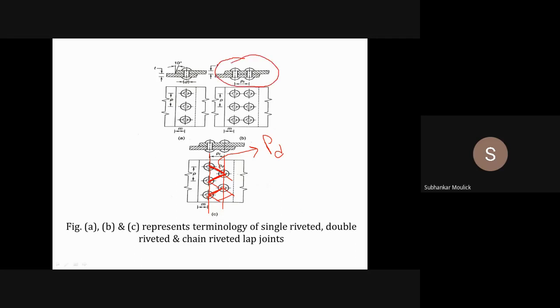This is my double riveted lap joint. In this diagram, can you tell me which one is my diagonal pitch?